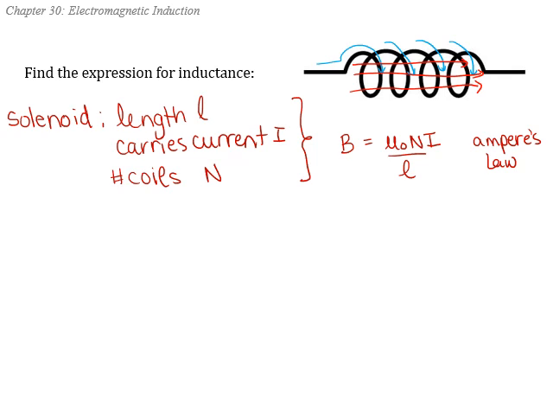Now the definition of inductance is that it's the magnetic flux per current. So inductance L equals magnetic flux divided by current. And what we mean by phi, the magnetic flux, is the total magnetic flux through the entire solenoid or inductor.